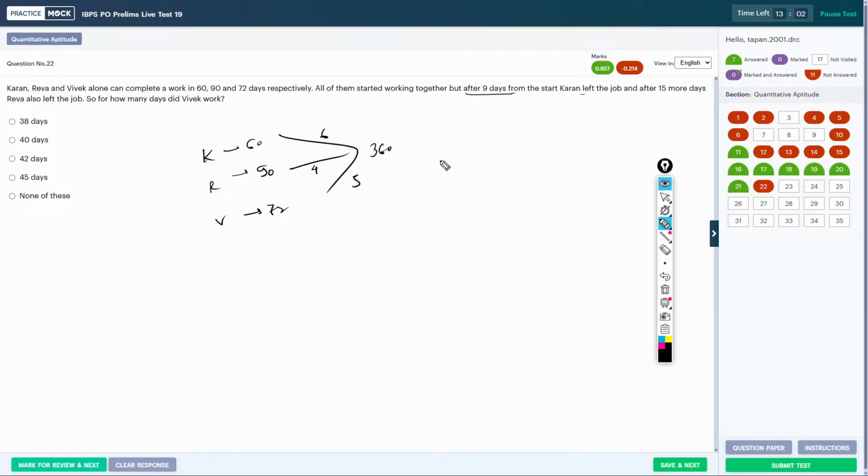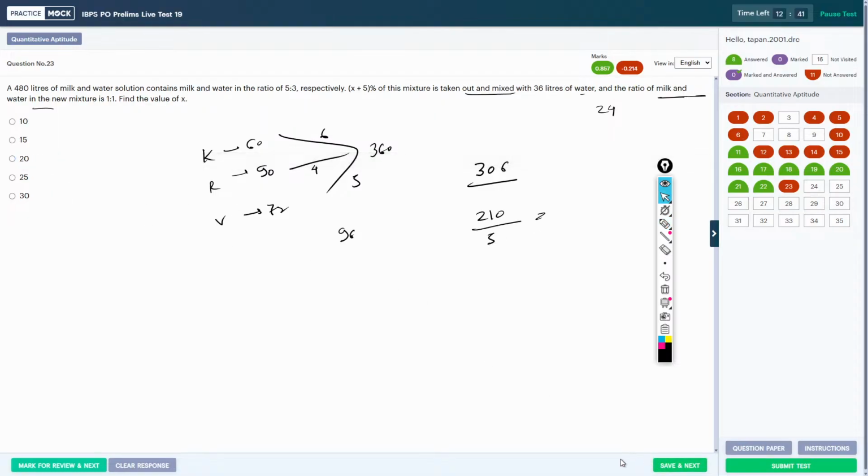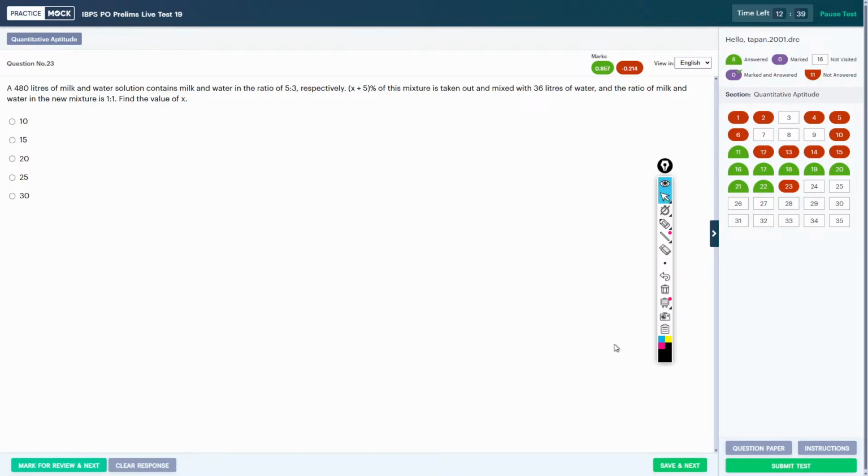So Karan 9 days, 56. So 54. So 306. And after 15 more days, Reva also left. Reva total 24 days. 24 days in 24 days, Reva 96. So 210 remained for him to do in 42 days. Okay.